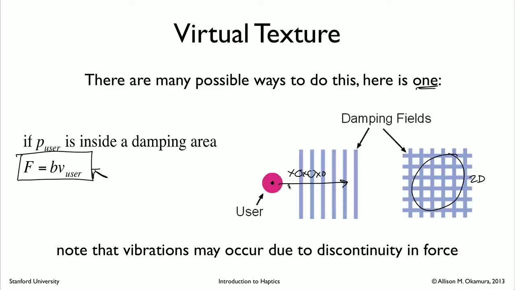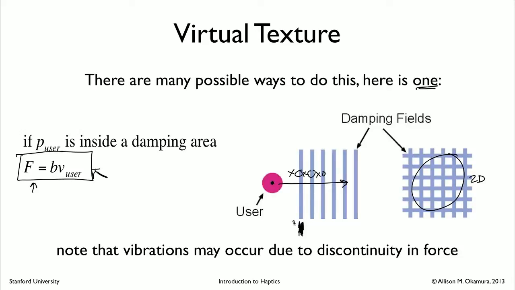Now, one of the interesting side effects of rendering virtual textures with damping is that when you first hit the virtual environment, there's going to be a force discontinuity. So you can see that if you go into this area right here, you're in this space beforehand where you're getting no forces, and all of a sudden you're feeling a force which is proportional to your velocity.